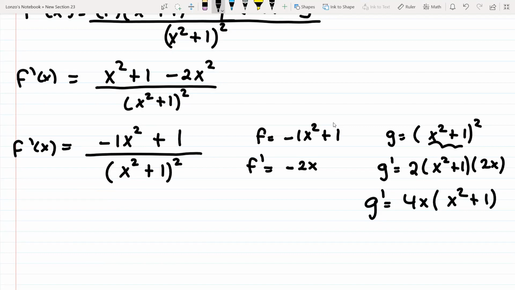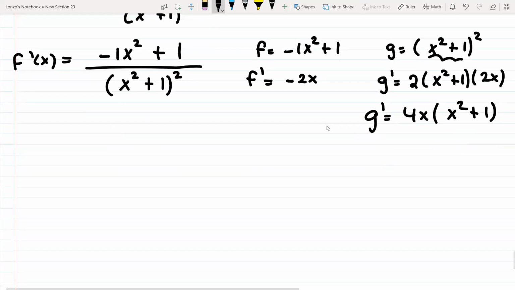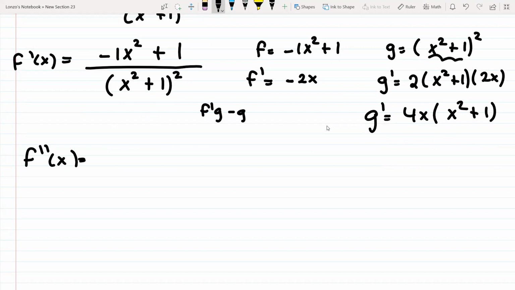Okay, so let's take our f double prime. So f double prime of x is going to be, well, we have to apply the second derivative. So f prime is, we said, negative 2x.